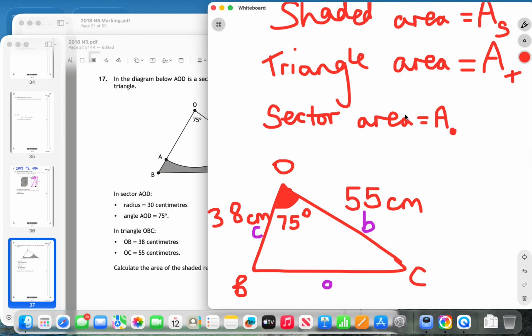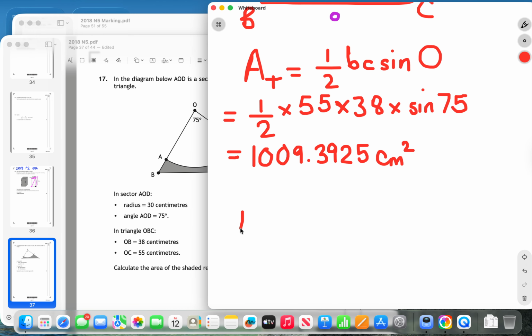The next part is the sector, and we're told that the sector is A dot, and a sector is just a fraction or a portion of a circle.